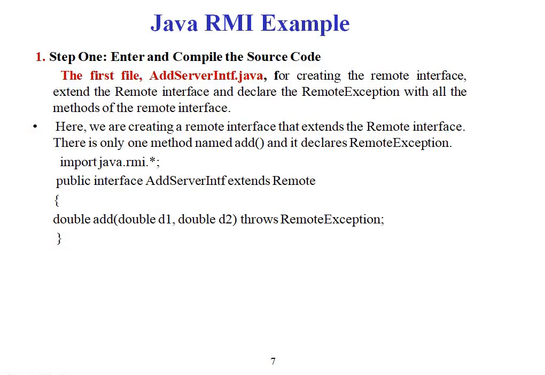All remote interfaces must extend the Remote interface, which is part of java.rmi. Remote defines no members. Its purpose is simply to indicate that an interface uses remote methods. All remote methods can throw a RemoteException.